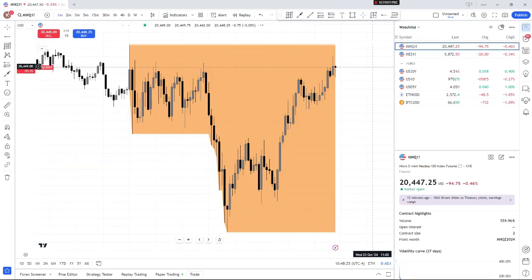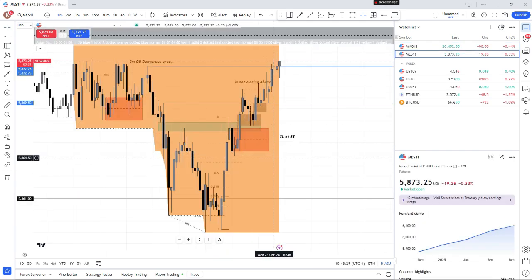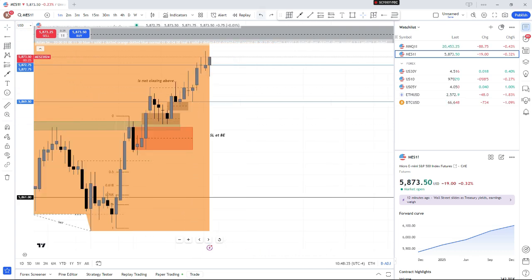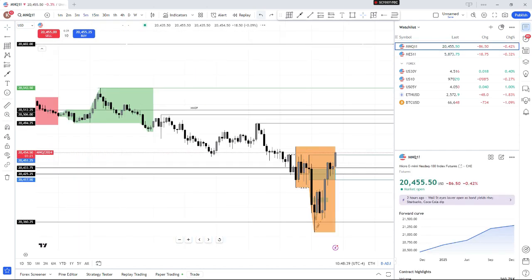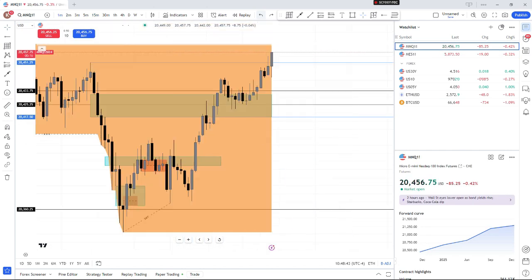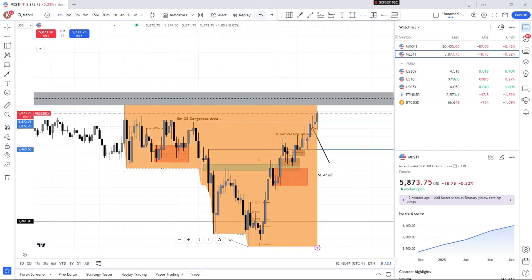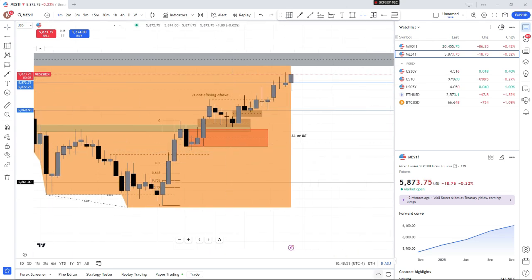But yeah, so on the trade recap for ES, where did I even enter? Let's go back. Right, one second. Hang on a second. I think I entered.